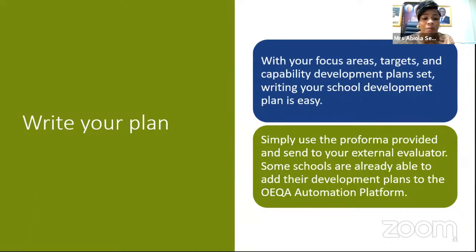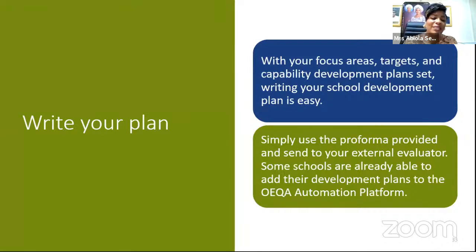So it's also important to use the forms that are provided, and then you send it to the external evaluator, being OEQA. Some schools are already able to add their development plans to the OEQA automation platform. So what we are doing now as an office is we're planning towards automation.